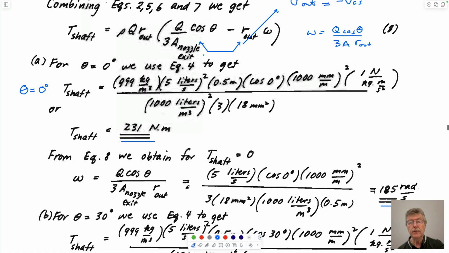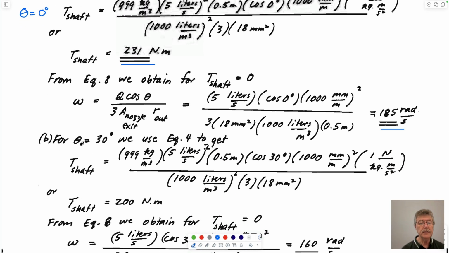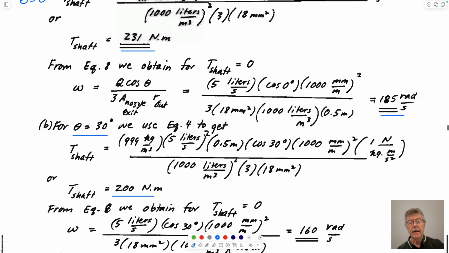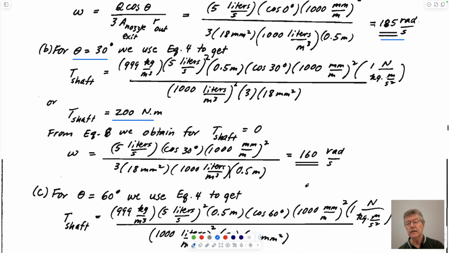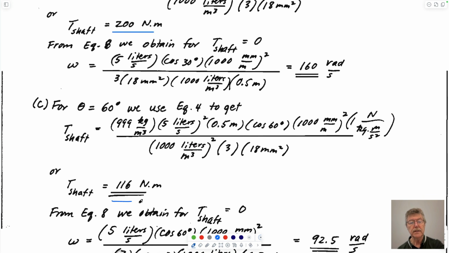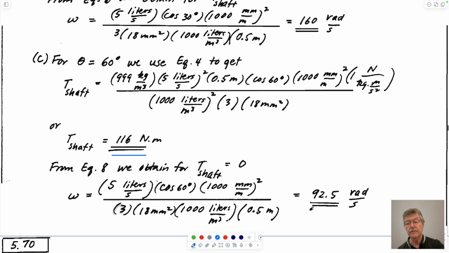If you do the same for theta degrees, you end up with a smaller torque that you need to apply, 200 versus 231. And the velocity, again, would be less. You'd expect it to be. Do it for 60, the torque is less, and the velocity is even less.